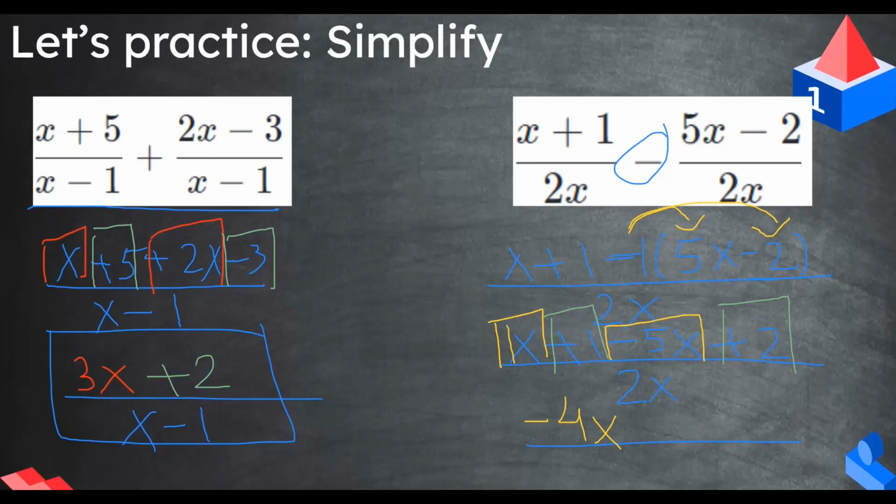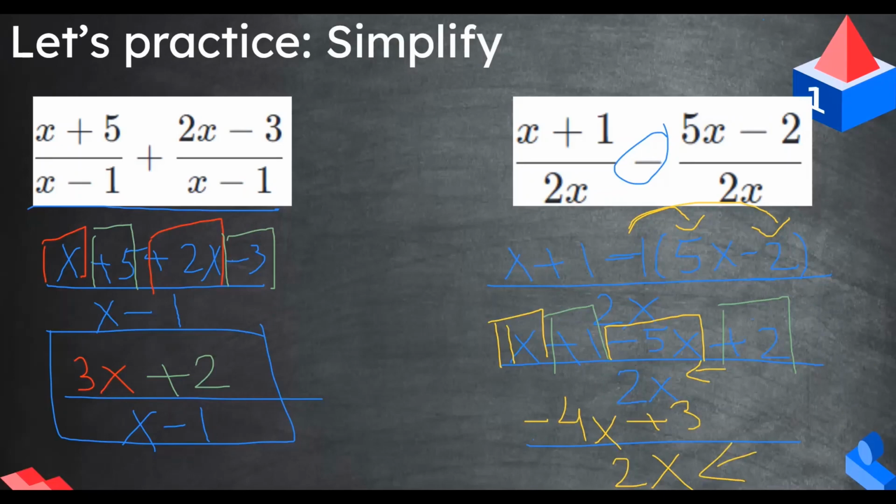So 1 minus 5 gives you negative 4, and then the x just comes down. And then 1 plus 2 gives you 3. And then you have your denominator down there. Whatever you had in here comes down in here. This fraction cannot be simplified any further, so this is what your final answer should be.